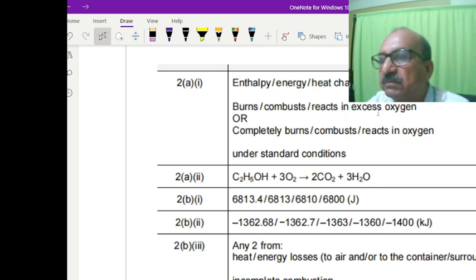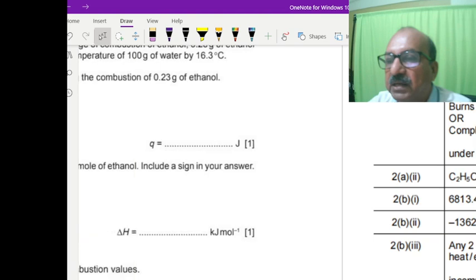This word excess is important. Or you can say completely burns or reacts in oxygen. So 1 mark for this, 1 mark for this, but you also have to write under standard conditions. If you write that, you get 3 marks. So I think you understood the meaning of this. That's not difficult at all.